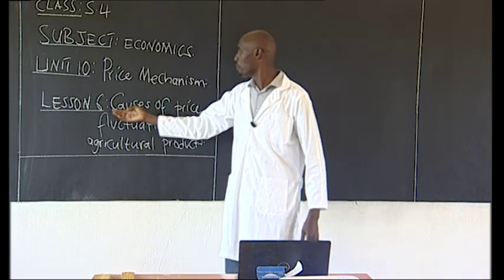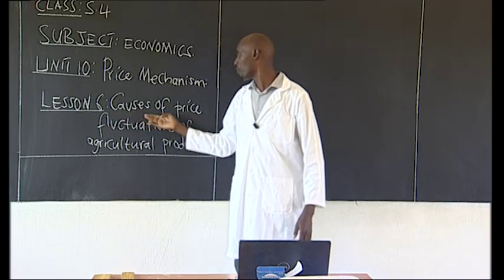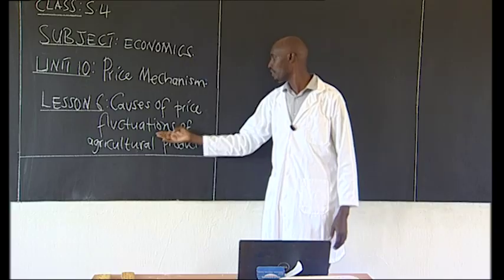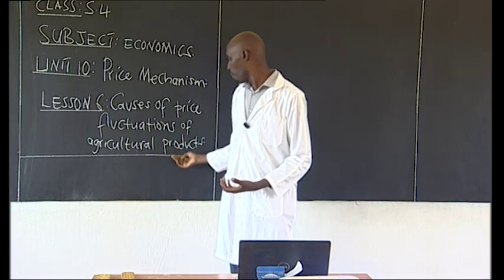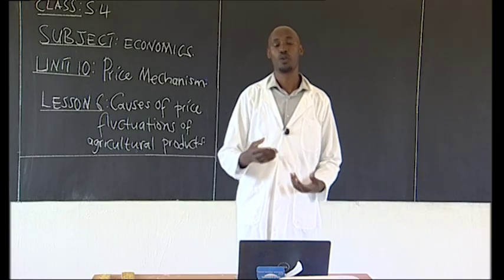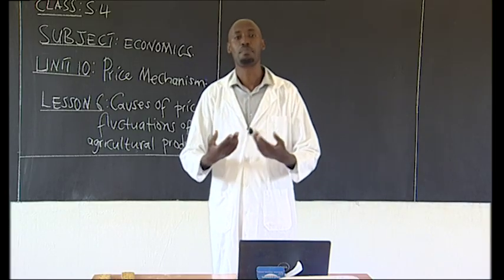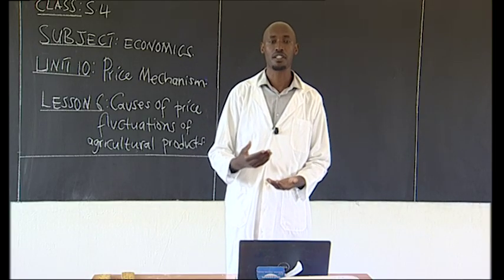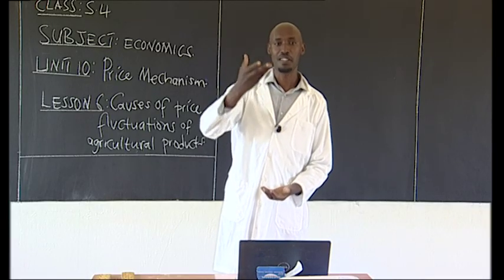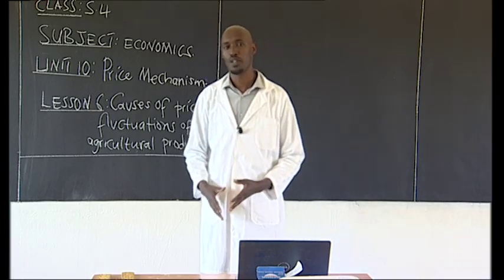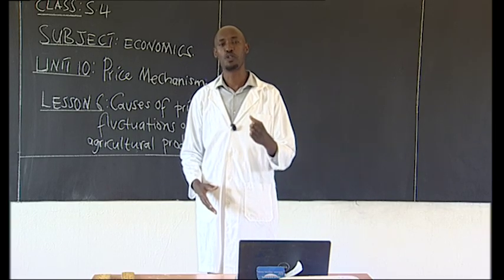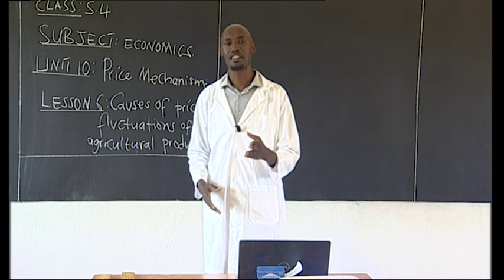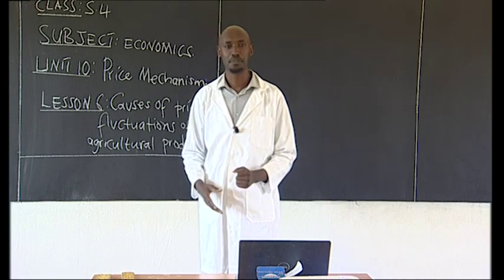Now, we're going to proceed with our new lesson, causes of price fluctuation of agricultural products. Why do you think that prices fluctuate? They increase. The following day, they are down. Today, you are buying a kilo of tomato at, let me say, 400.